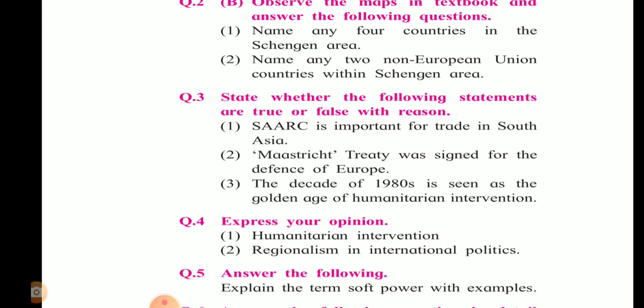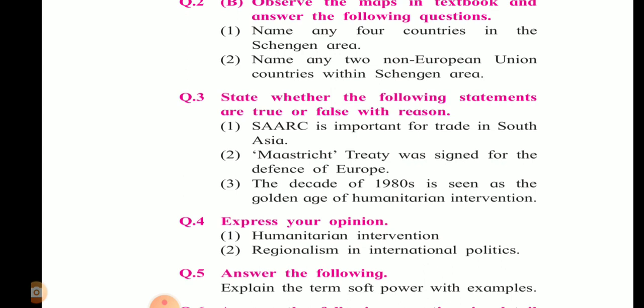The decade of 1990s is seen as the golden age of humanitarian intervention. Instead of 1980s, we have to change the year only. The year is 1990s. That only you have to change in this answer.